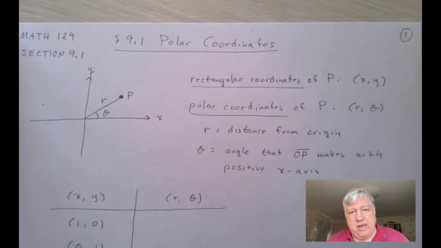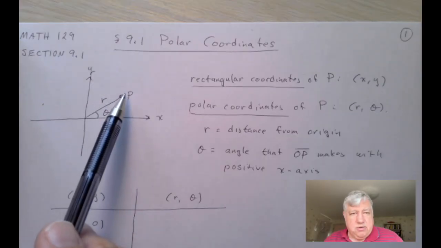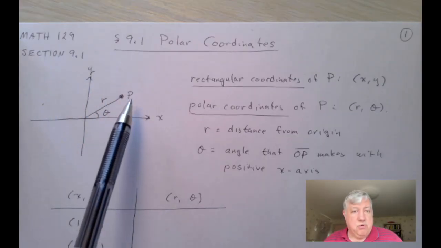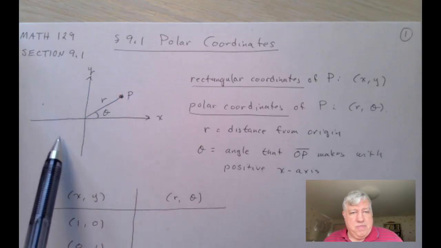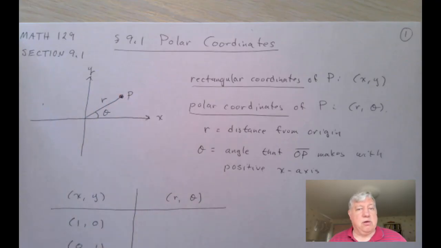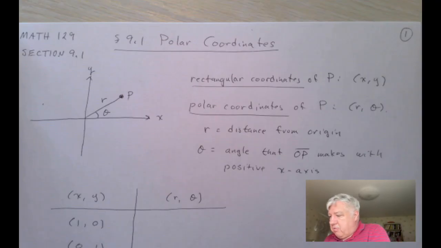If we call that theta, and we call the distance from the origin r, that is enough to determine the location of the point on the plane, because every point lies on some circle centered at the origin, and within that circle, it corresponds to a certain angle. Okay, so that's the polar coordinates of a point.